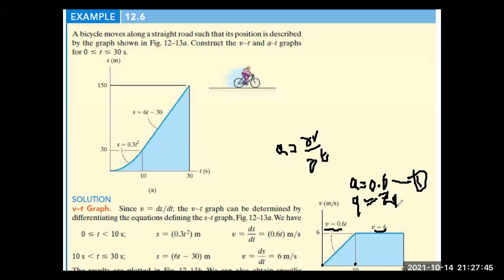To plot this, I have a constant A, 0.6, which is positive, so I'm going to draw a positive line on the positive side, from here to here, 0.6, and then all of a sudden it goes down to 0.